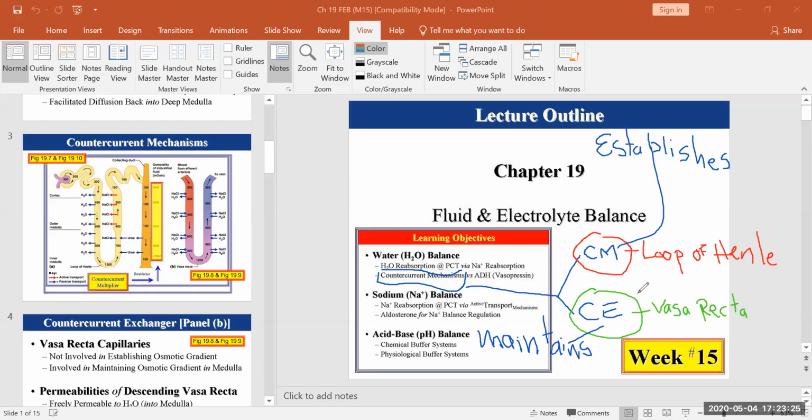And if you get close to the renal pelvis, the tip of the renal pyramid, then you're topping out at 1400 milliosmoles. Okay. And that gradient requires the interplay between the countercurrent multiplier and the countercurrent exchanger. And together they are known as a countercurrent mechanism. And we'll explain why we call it countercurrent.